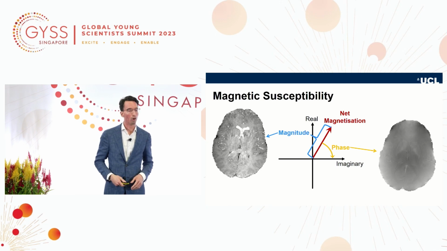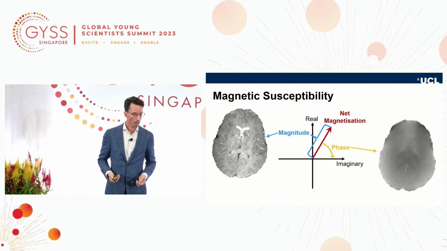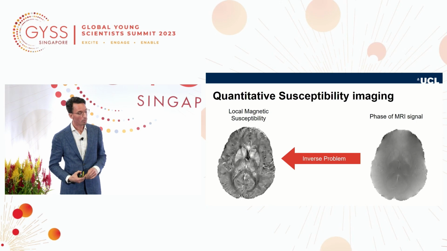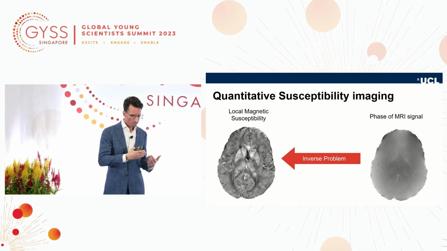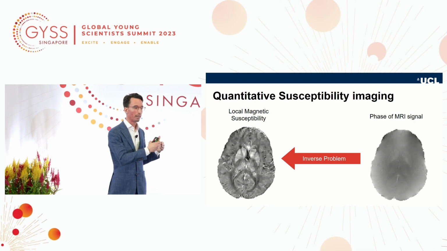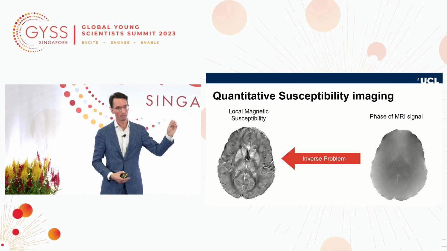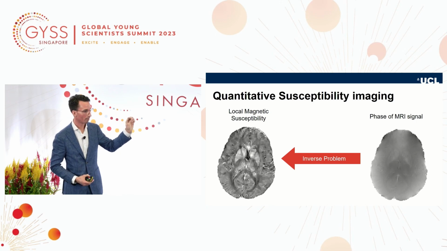Now, how do we go from this measured phase to the actual underlying susceptibility? That's unfortunately an inverse problem, and it's an ill-posed inverse problem, because the model we use for this basically relates every single change in susceptibility to the change in field it induces as being a tiny dipole, or like a tiny antenna in tissue.